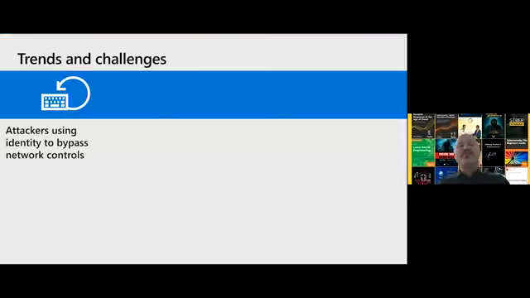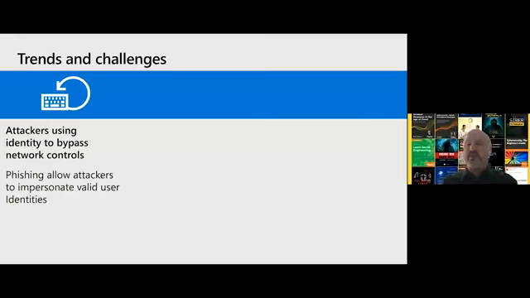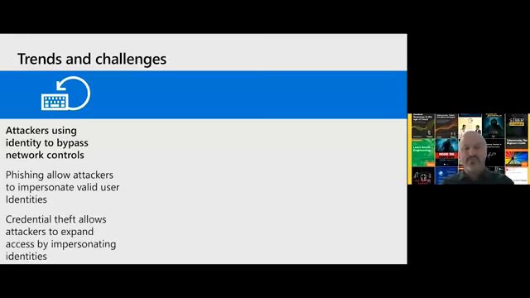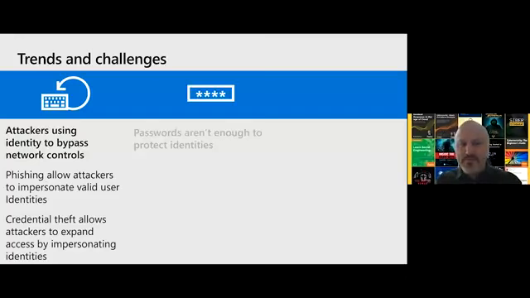What else? It's like the trends. The trend is attackers using identity to bypass network controls. Phishing, right? I send an email, you click, which allows attackers to impersonate valid user identities. And stealing credentials: as I said, me stealing Gita's credentials will give the attackers access as Gita, for example.